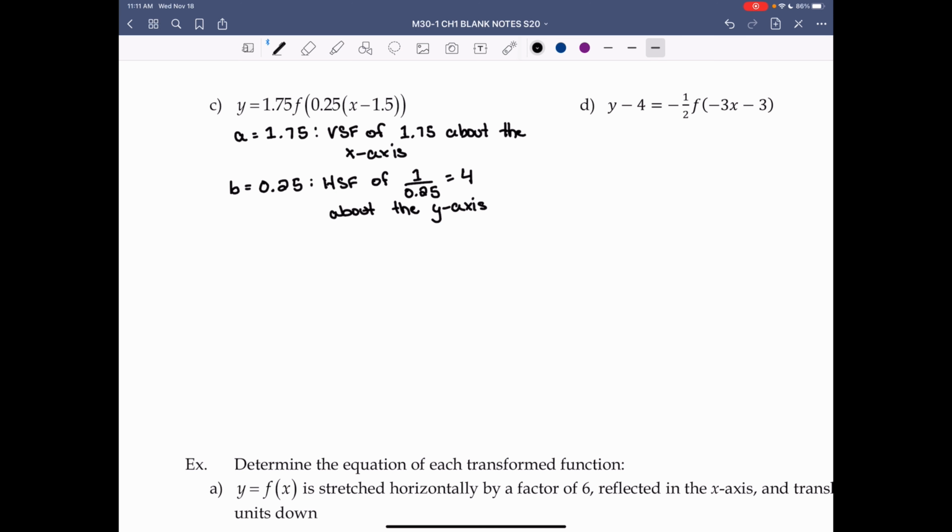And then we have that h equals, it's x minus 1.5, so h is 1.5, which is a horizontal translation 1.5 units right.